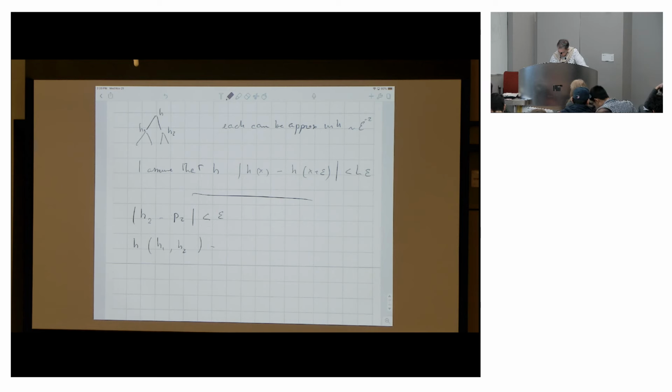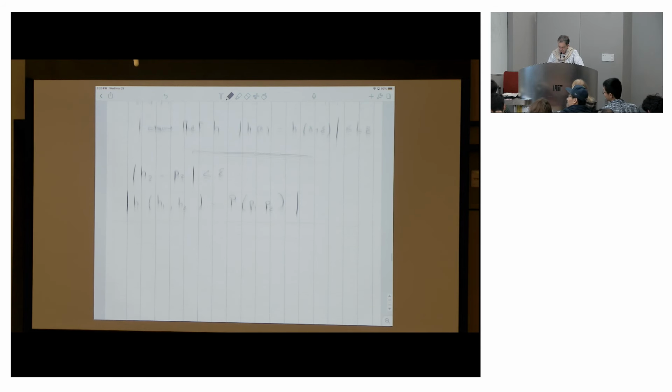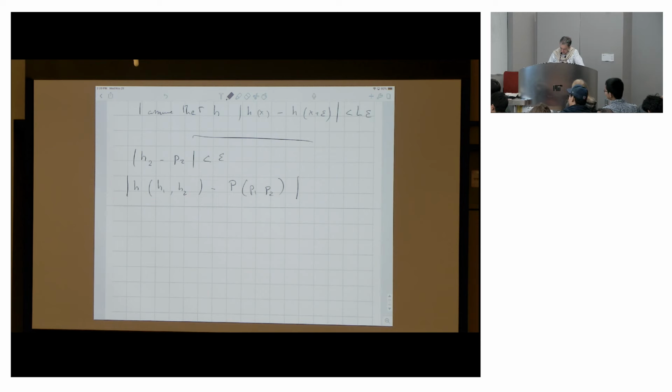and then I can write h of h1, h2, and here I have, this would be the actual function, say that I want to approximate this. I want to know this is small, and in order to do this, I'll rewrite it, and then I add and subtract this.